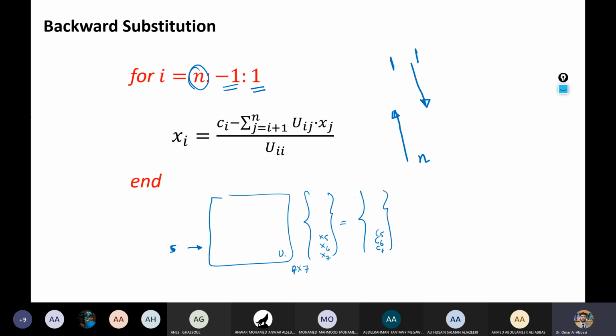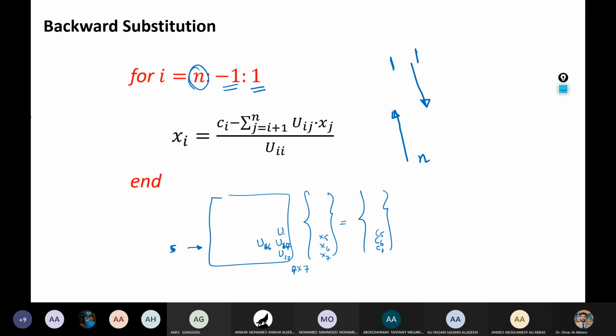You have U77, U76, U7. U66. Doctor, the one on the right, isn't it U67? 67, correct, yeah.